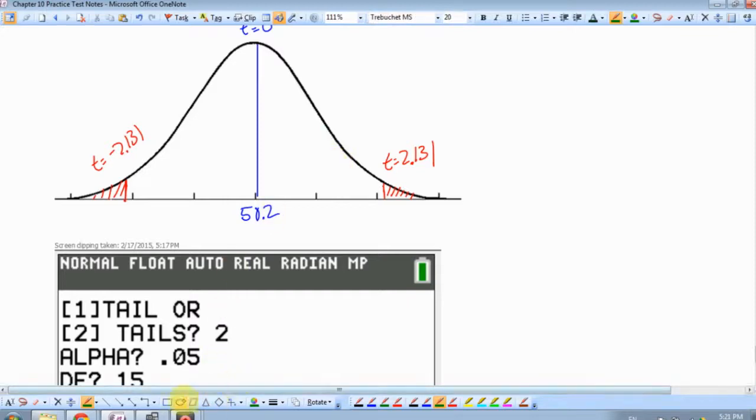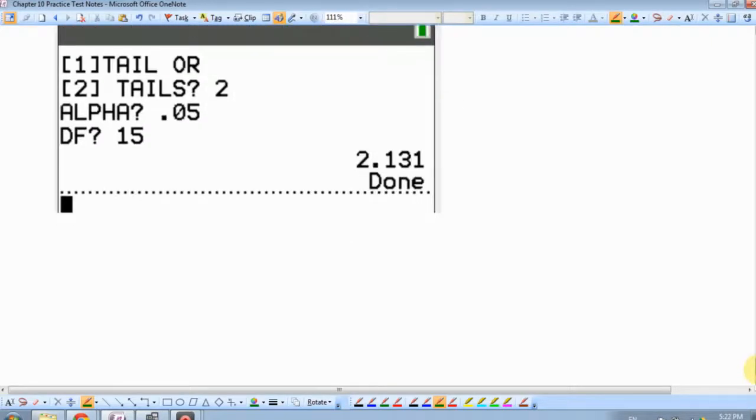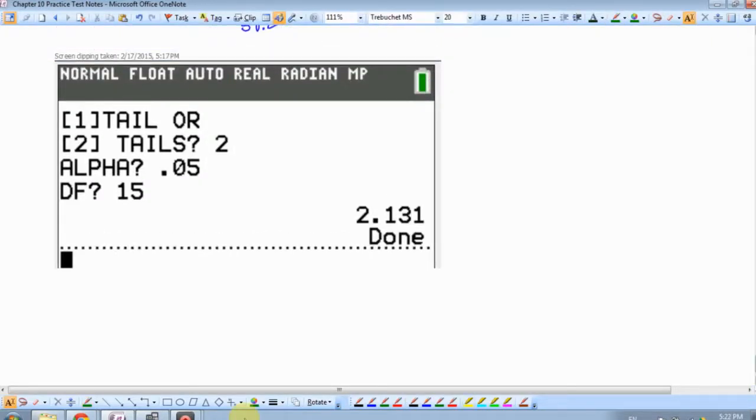Okay, negative 1.13. That's bigger than the negative, so it's not in the rejection region, and we fail to reject. So we should write down our rejection region.